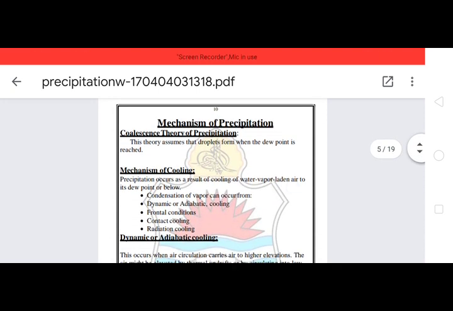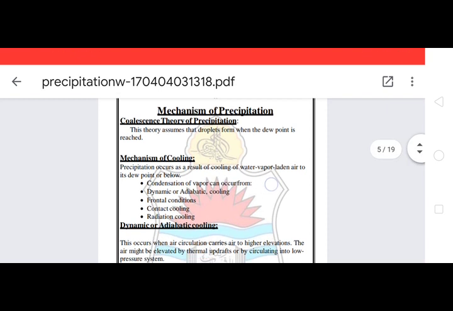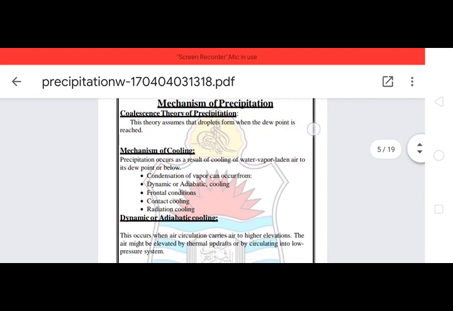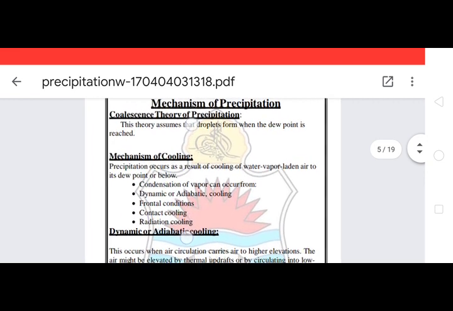Then get back to the mechanism of precipitation. What are the mechanisms involved in precipitation? As you can see, there are some theories. Mechanism of cooling, dynamic or adiabatic cooling, that is what we are discussing. The theory assumes that droplets form when the dew point is reached.